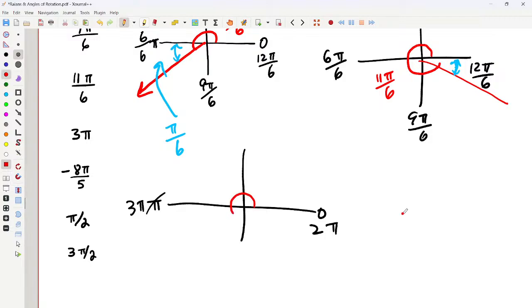I went a full time around and then a half time around. And my terminal side would be literally on the negative x-axis. Is that in a quadrant? We can fight about this, but the answer is no. So it is called a quadrantal. I hate that. I just hate it. I feel like I'm saying it wrong.